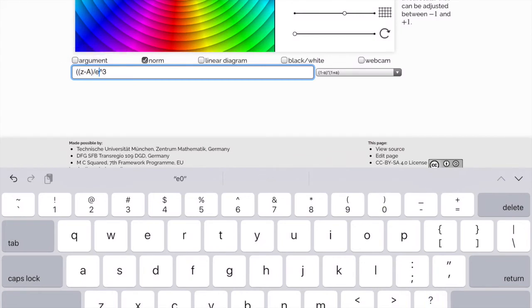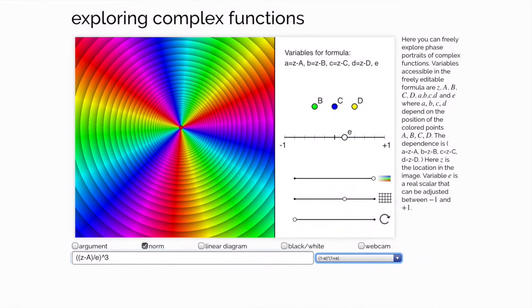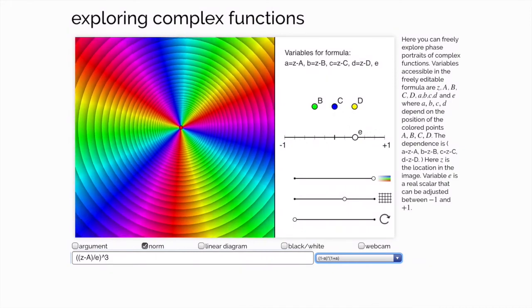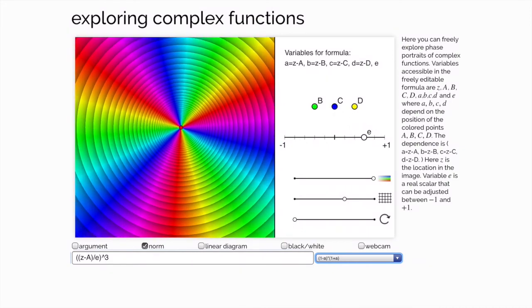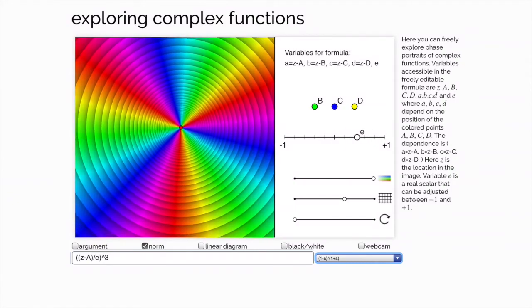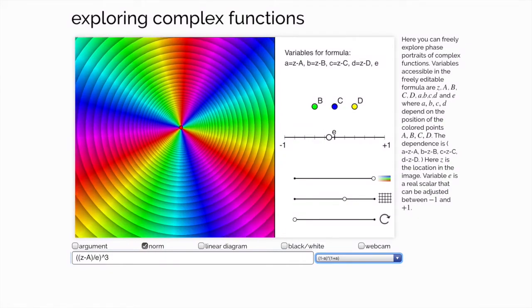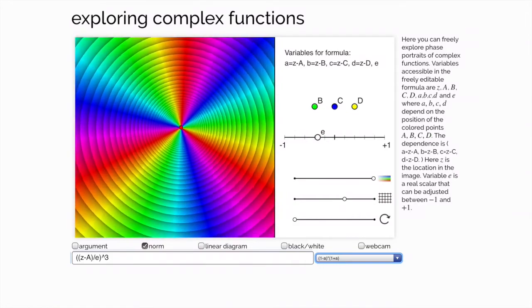And now as I move this slider up and down, I can zoom in and out of the function, which is really not that interesting for this function. But as E becomes negative, there's this flip over, which is more of an artifact.